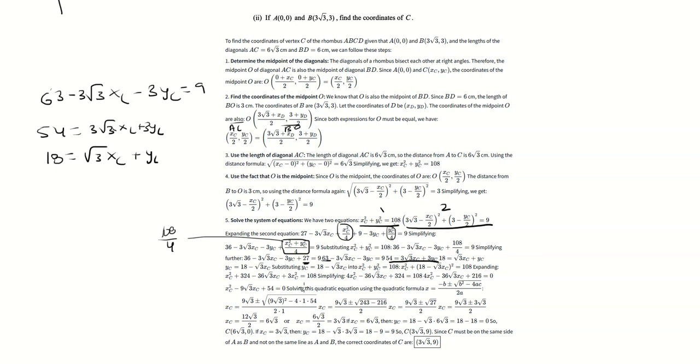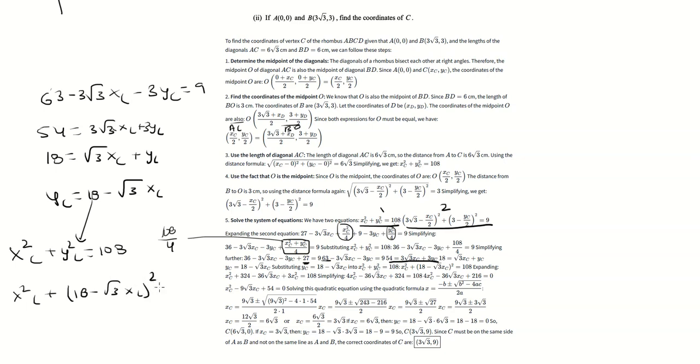Now we can solve for y sub c. That's 18 minus square root of 3 times x sub c. We substitute it into the equation xc squared plus yc squared equals 108. The goal here is to solve for xc.